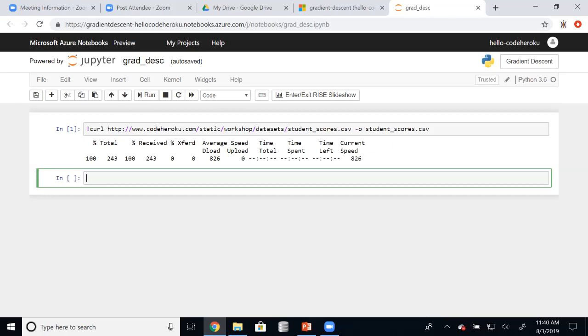All right, so let's go ahead and do the regular drill. Import pandas. Let's read the CSV file and let's see what's inside it.